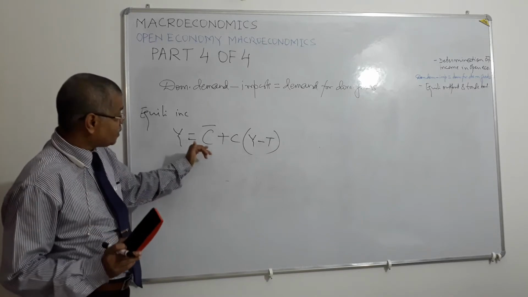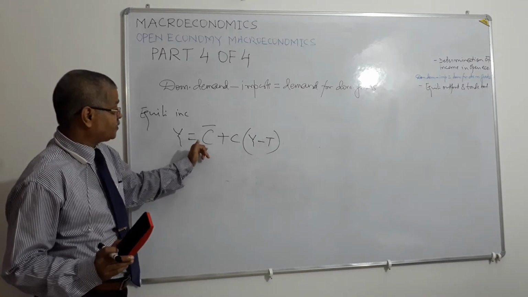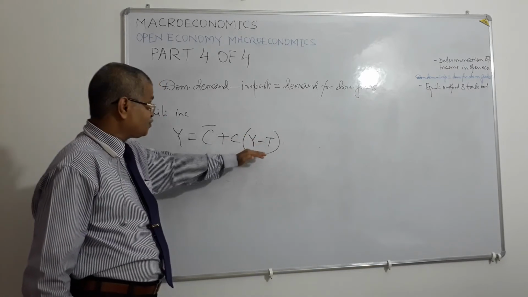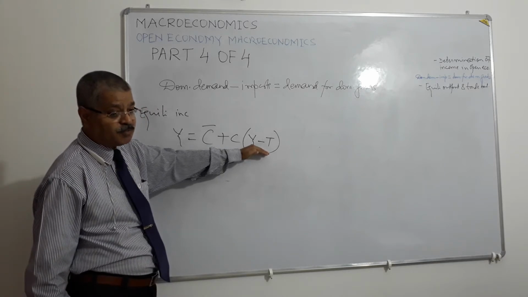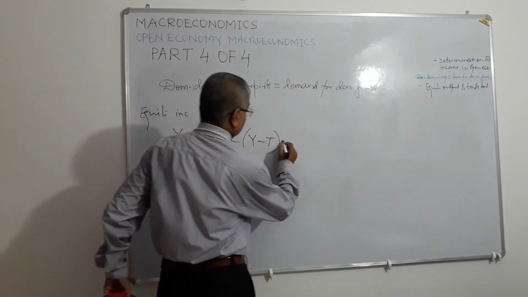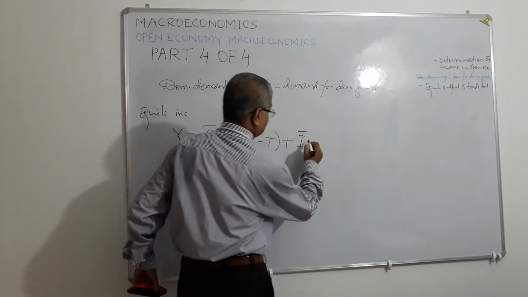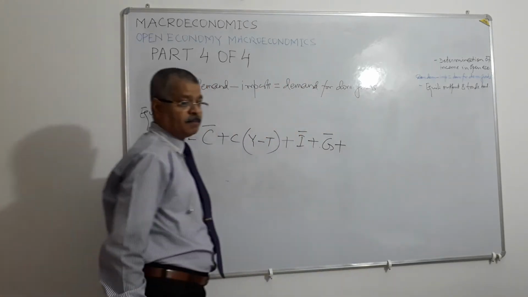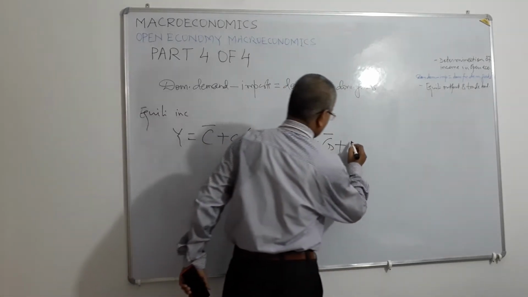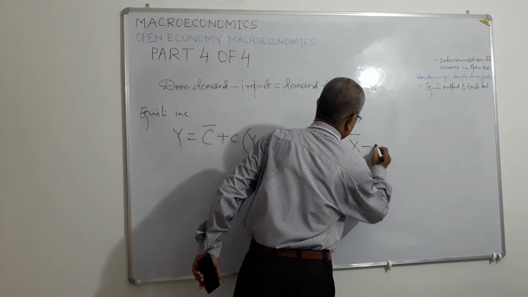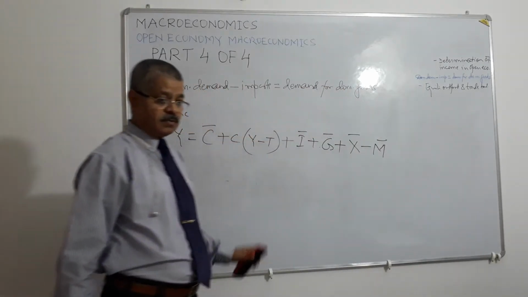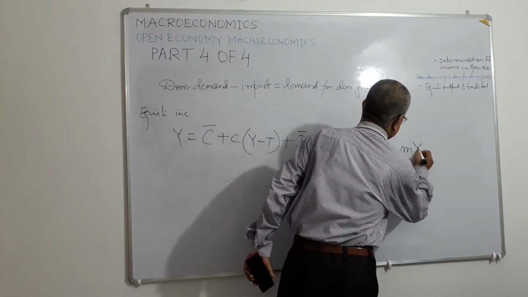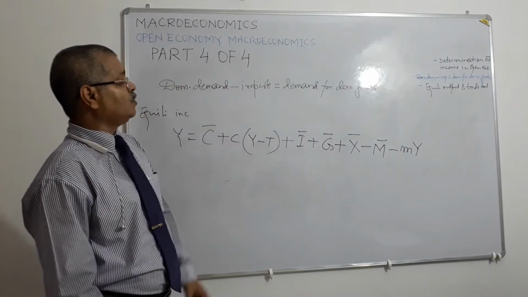Whether income is there or not, some sustenance expenses have to be there on consumption, plus marginal propensity to consume multiplied by Y minus T, disposable income, income minus taxes, plus autonomous investment plus autonomous government expenditure plus autonomous exports minus autonomous imports, right, minus marginal propensity to import into income.